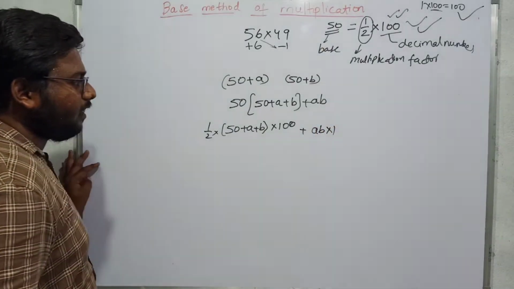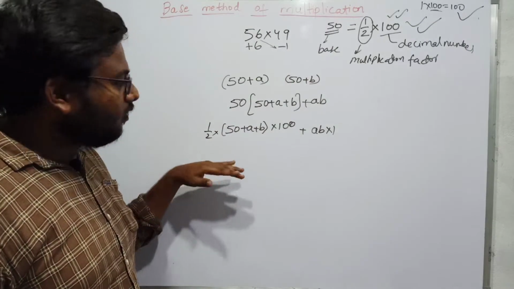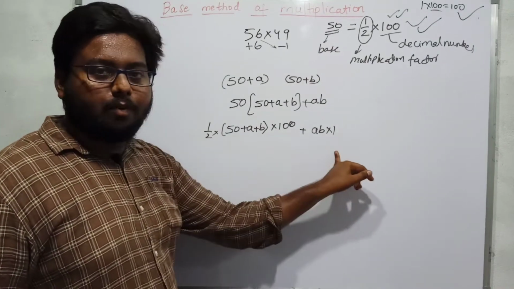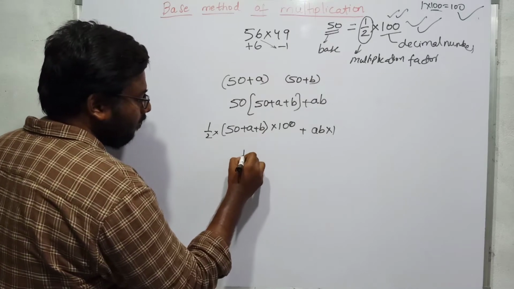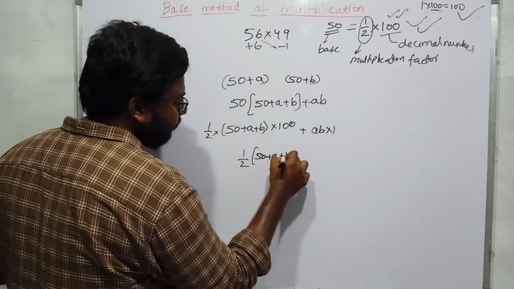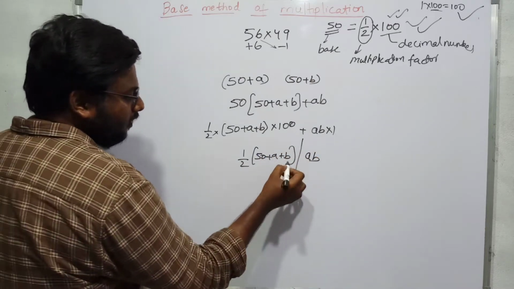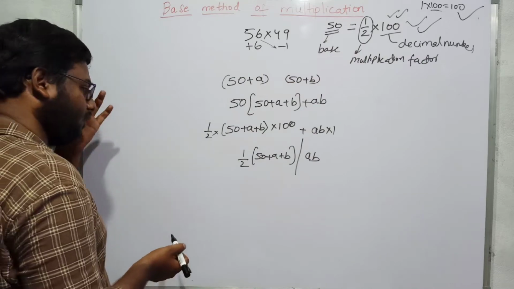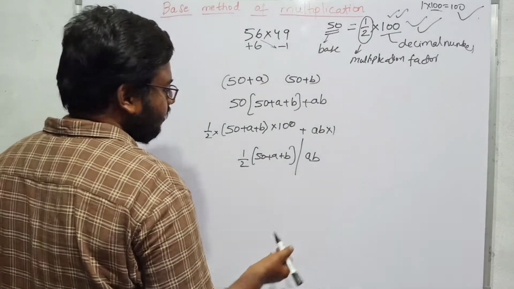And in order to make numbers, we need decimals only, either 10, 100, thousands. Then only we can define a number. So I will write this as half of 100. Now what I will get is half of 50 plus a plus b slash ab, where the slash besides is 100, the multiple of 100, that means half into 50 plus a plus b into 100 plus ab.